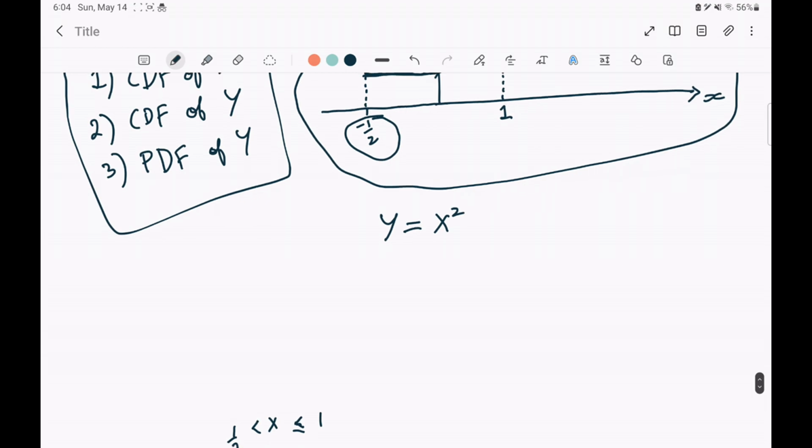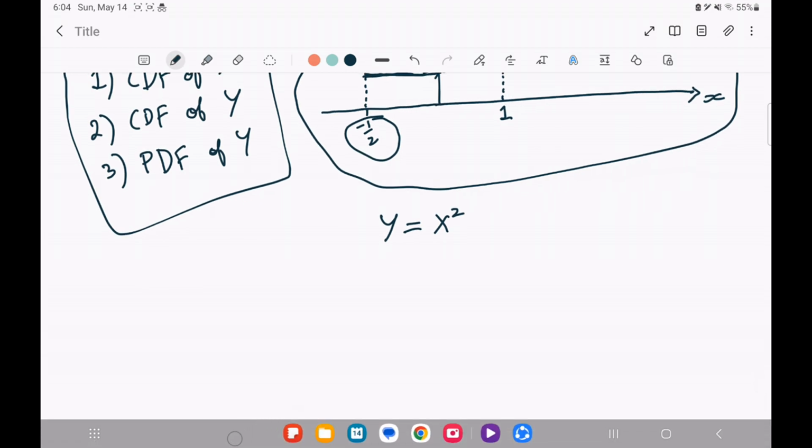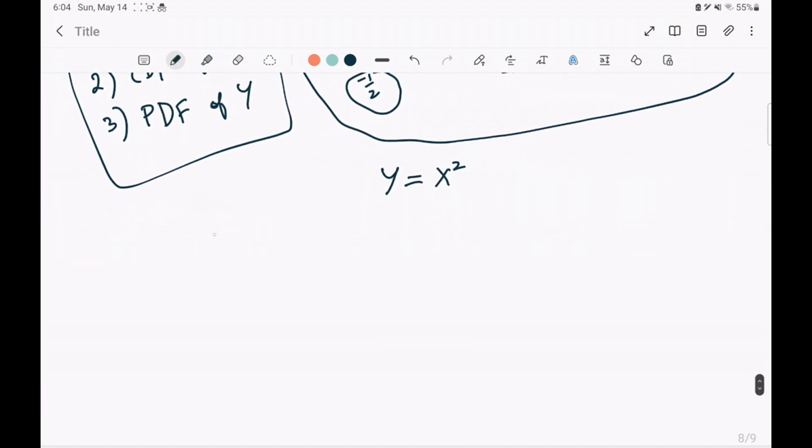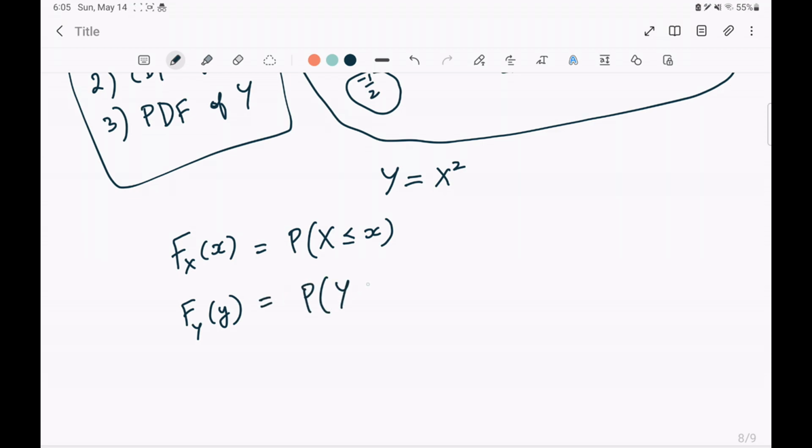We know the probability density function and the cumulative distribution function of the random variable x, which is equal to the probability of x less than or equal to small x. We have to find the cumulative distribution function of y, the probability of y less than or equal to small y.